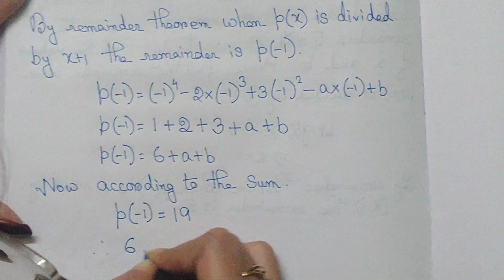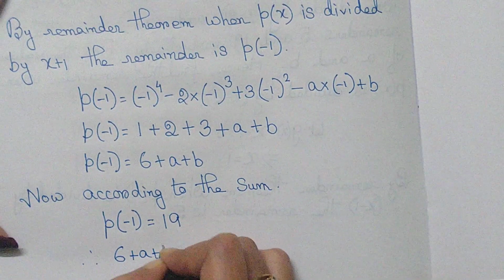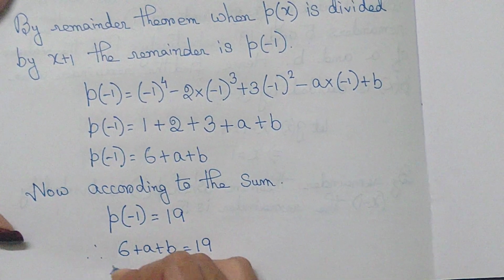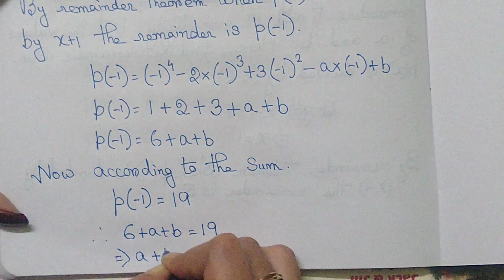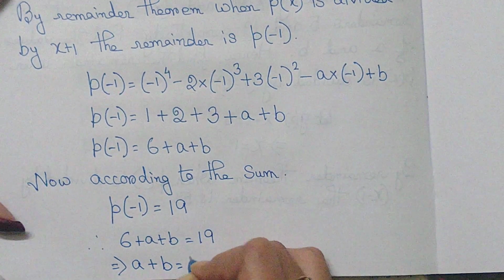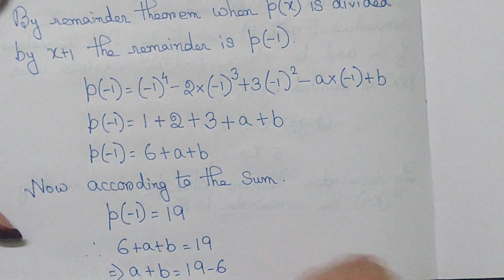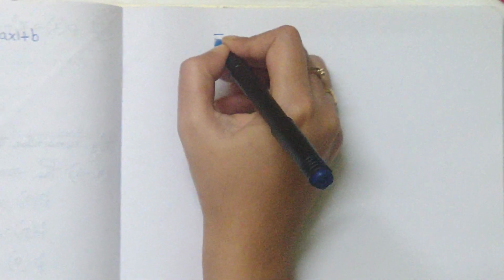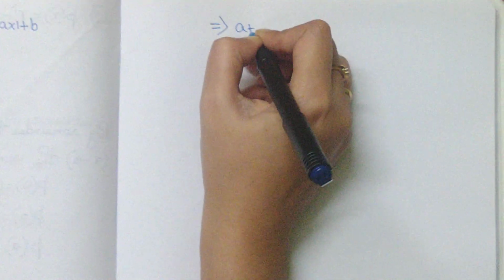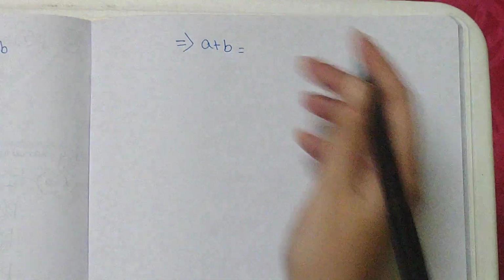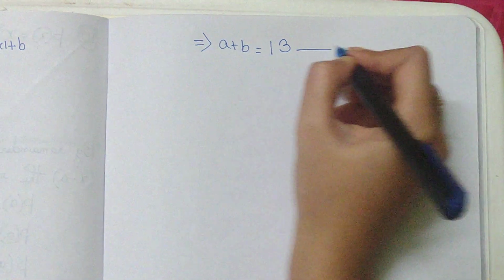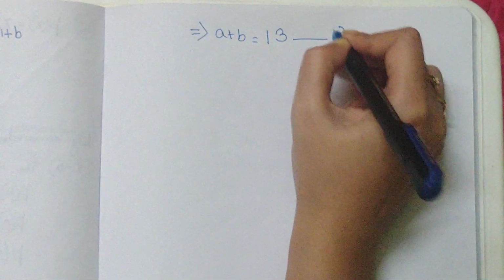Therefore 6 plus a plus b equals 19, which implies a plus b equals 19 minus 6, which implies a plus b equals 13. I am naming this one as equation 2.